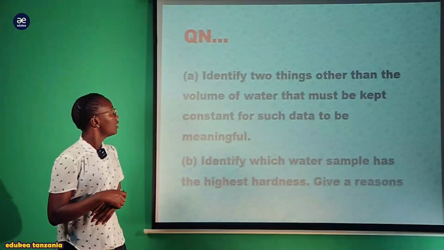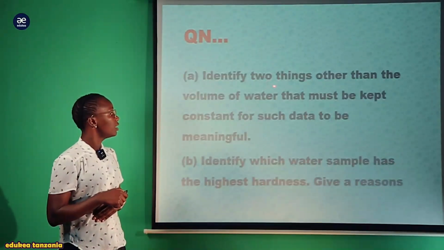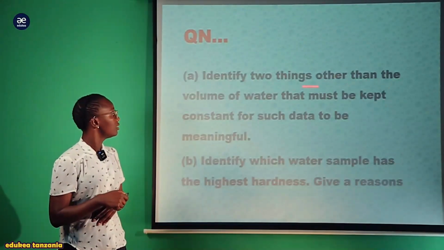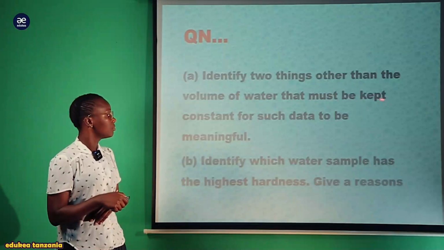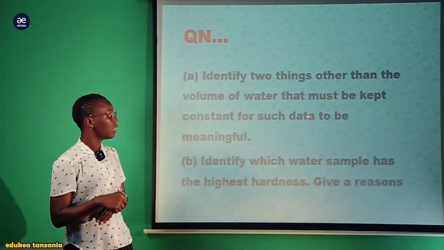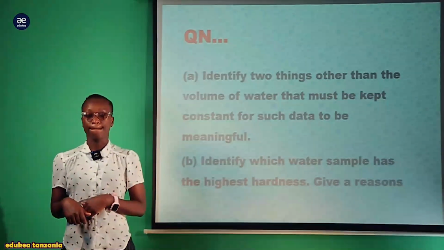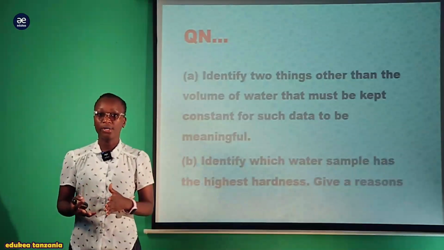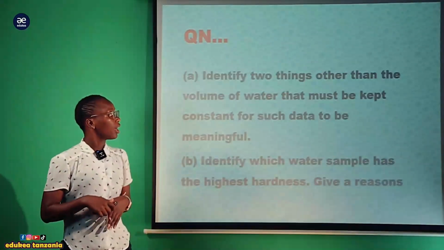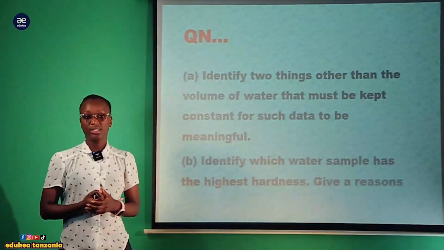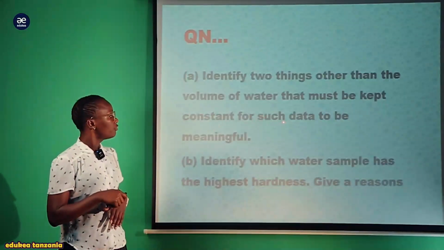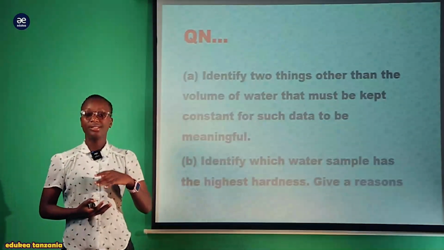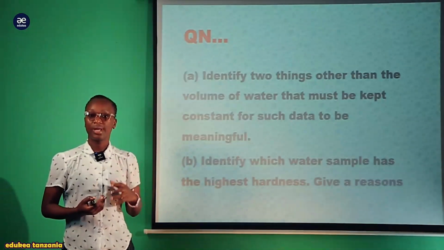Therefore, part A, the question states: identify 2 things other than the volume of water that must be kept constant for such data to be meaningful. Student anatakiwa apropose vitu viwili ambavyo vitakuwa vina kept constant for that data to be meaningful, ili vilete maana kwenye hizo data.